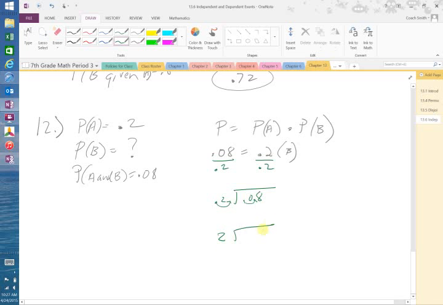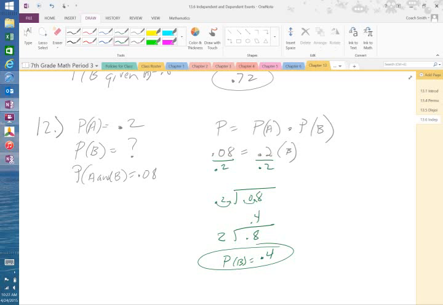So that's 2 into 0.8, and that's 0.4. So the probability of B equals 0.4. And you do that whether it's dependent or independent, it doesn't matter. You still do the same thing. They're going to have some that are dependent where they're missing one of them, and you do the same thing.